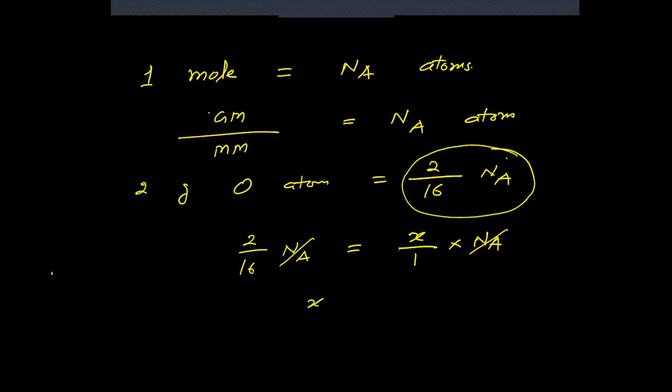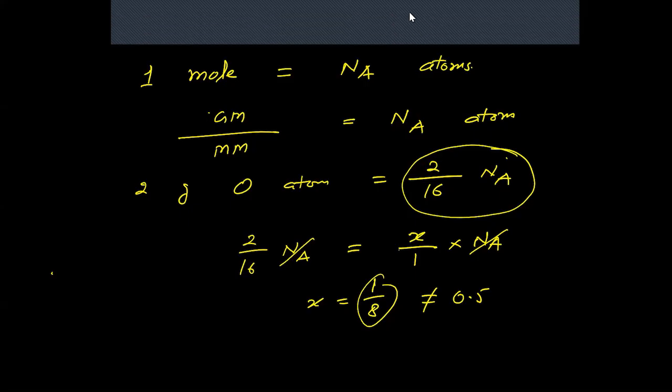In this case, X will be 2 by 16, that is 1 by 8, which is certainly not 0.5. In the question, it was given 0.5 grams. So that option is not correct. Any confusion in this case, you need to let me know if you're not getting any point.